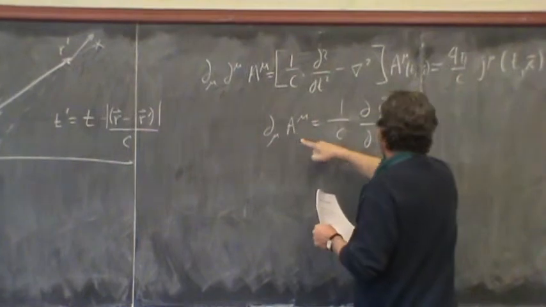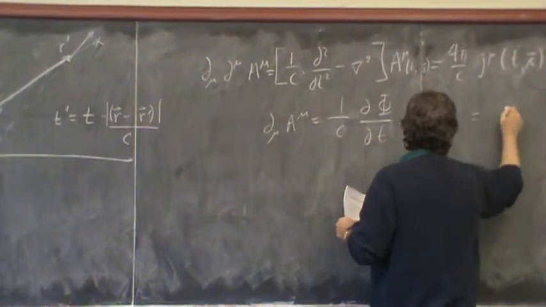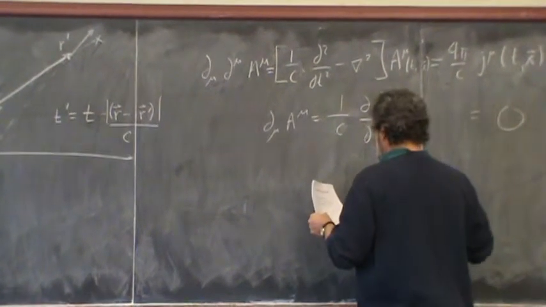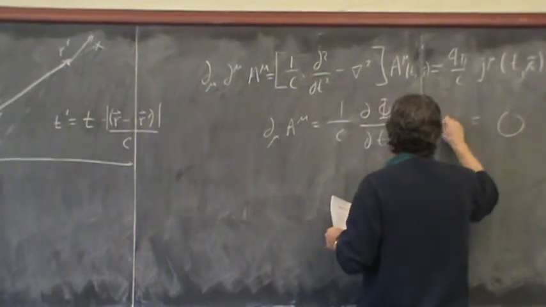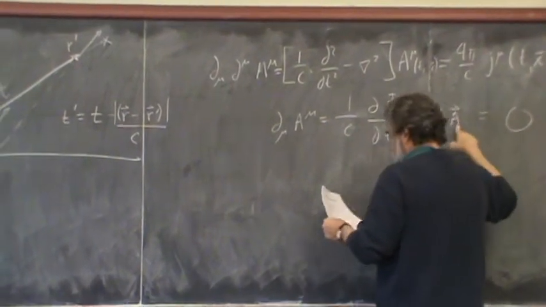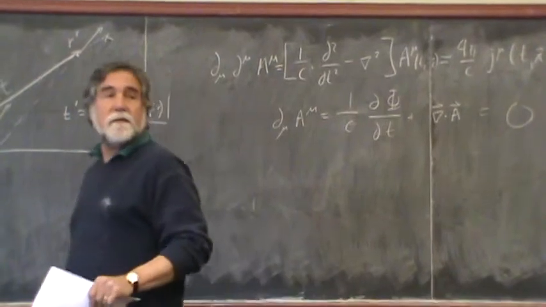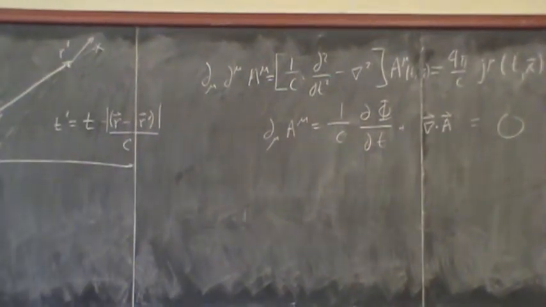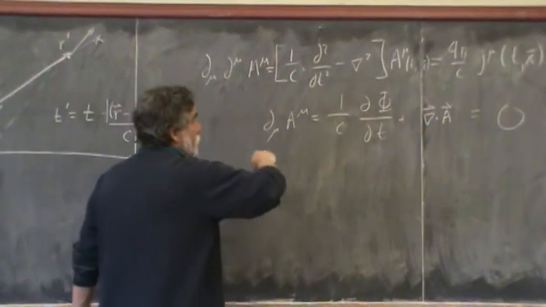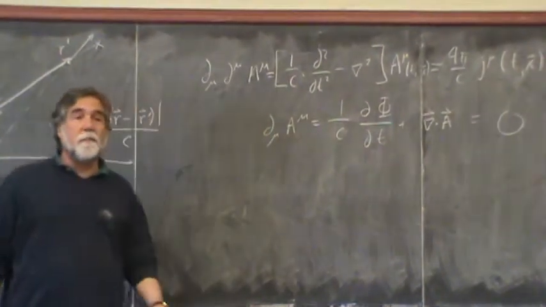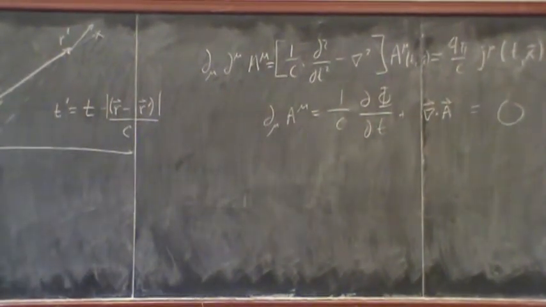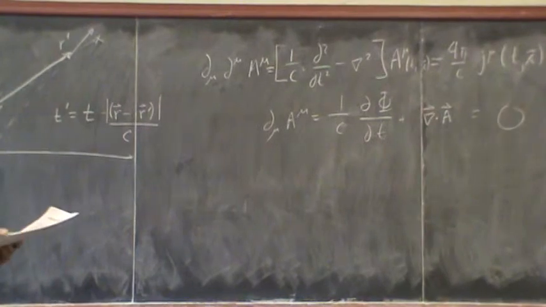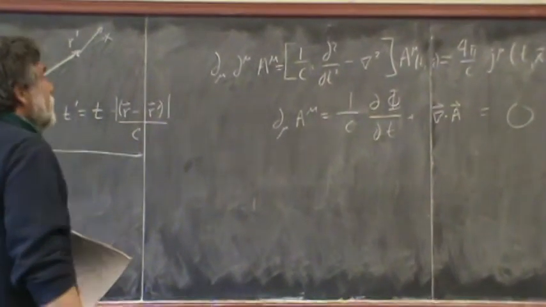Well, it's this equals 0, and I'll just write it out for you. That's the normal vector potential, the 3 vector potential. So separating it all out, we're going to say that that must apply.